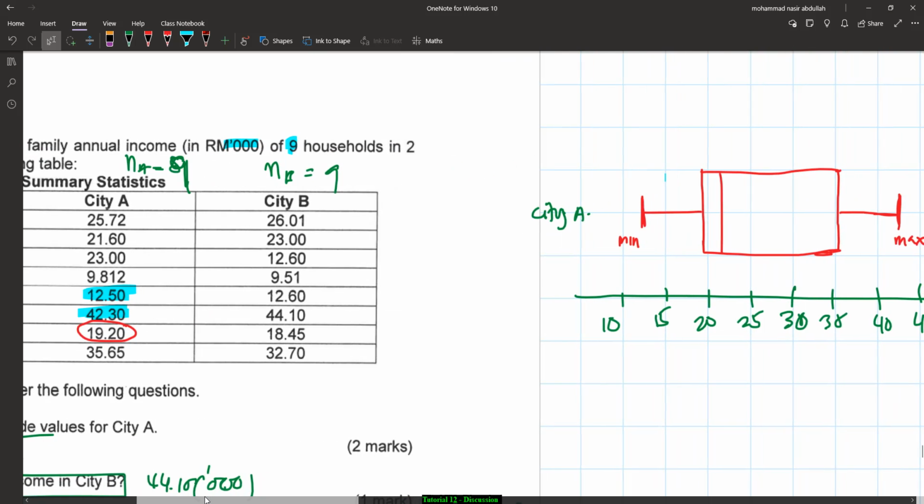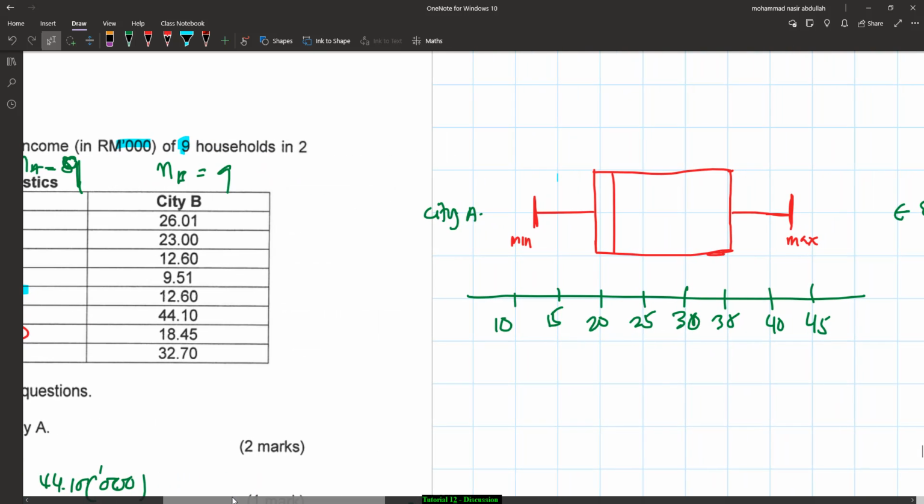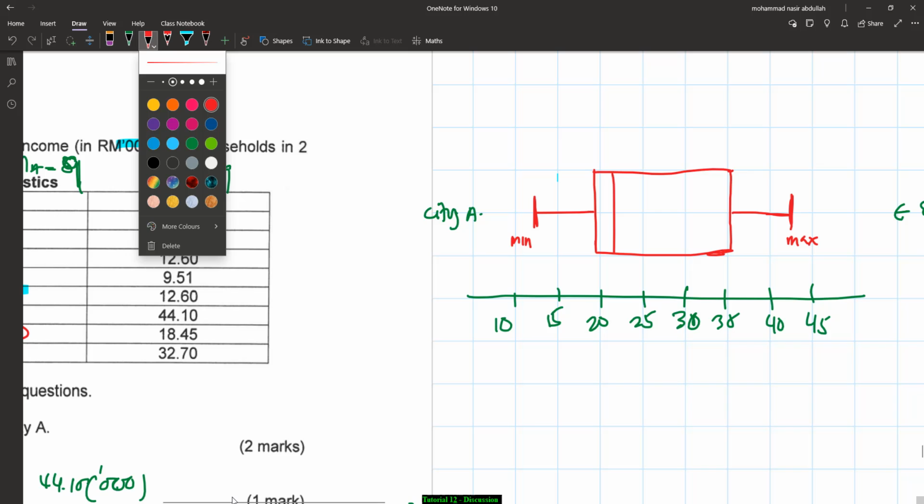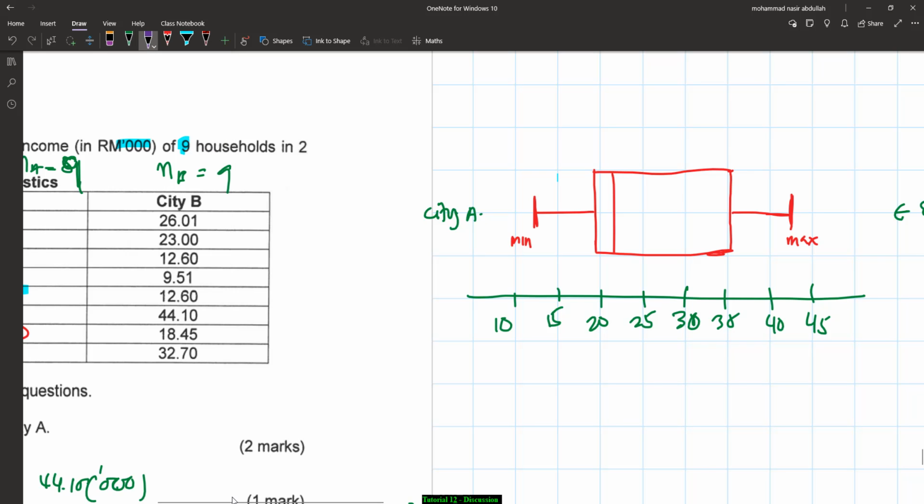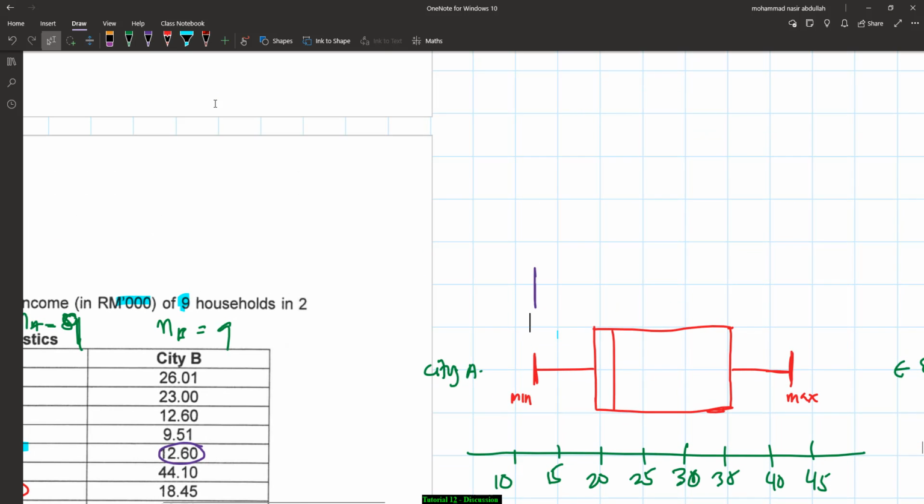CTB, the minimum value is, let's say I use another color. Let's choose purple. So 12.6 somewhere near here too. It's a bit more. Better a bit higher.